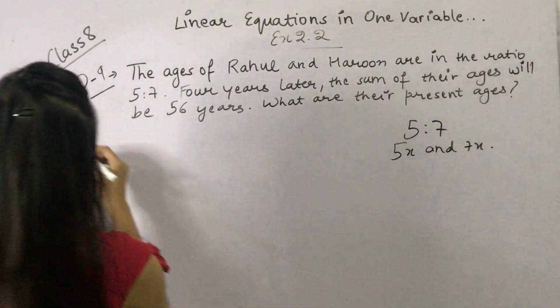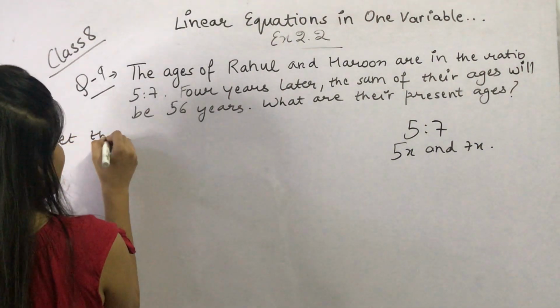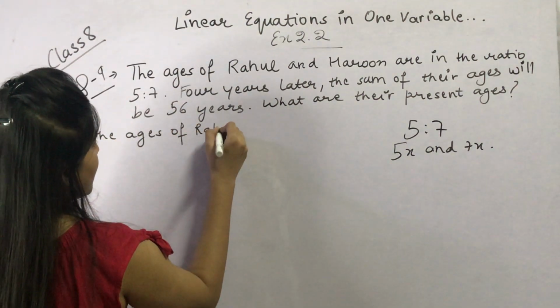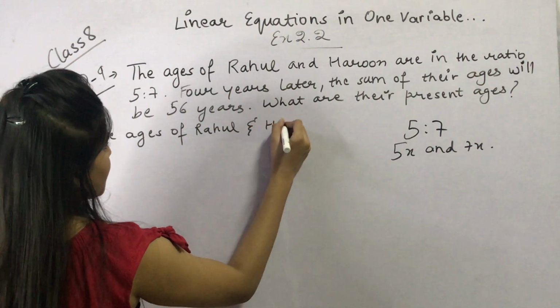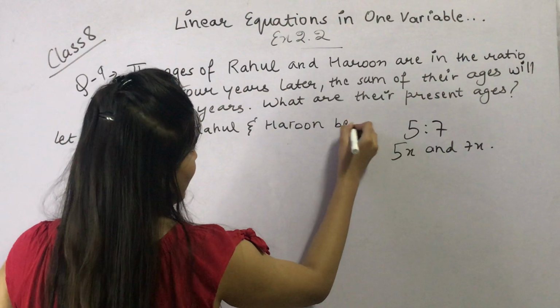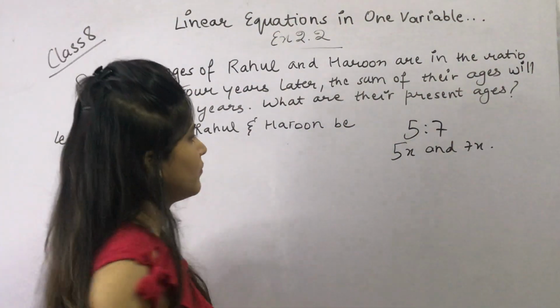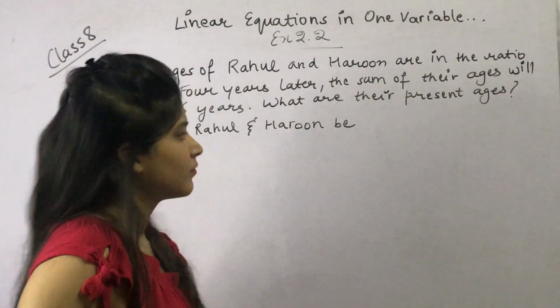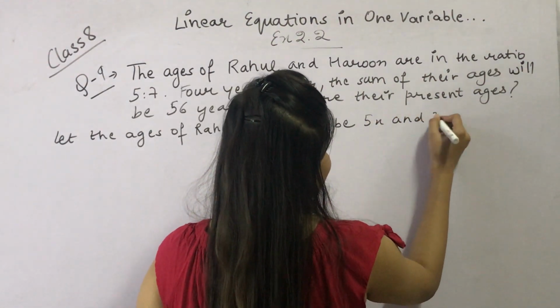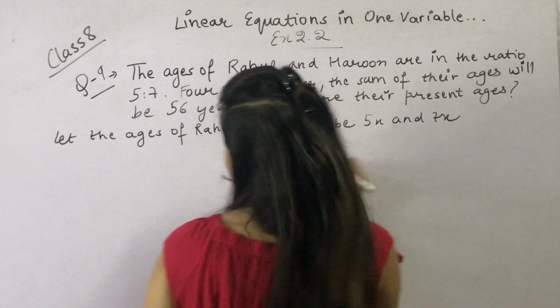So, let the ages of Rahul and Haroon be 5x and 7x respectively.